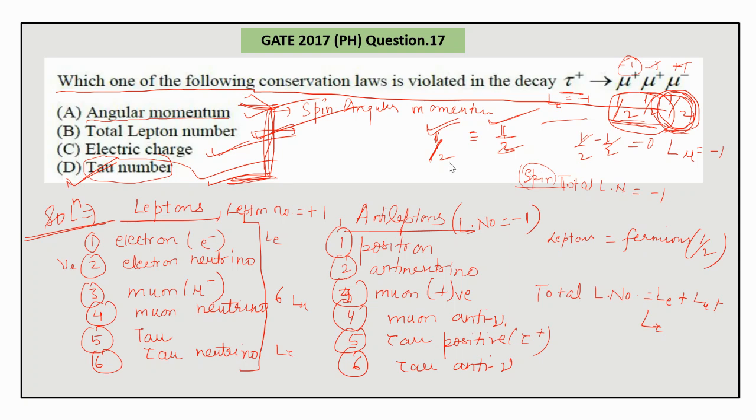Tau number means lepton number of tau particle. This is tau number here. Lepton number of tau particles.